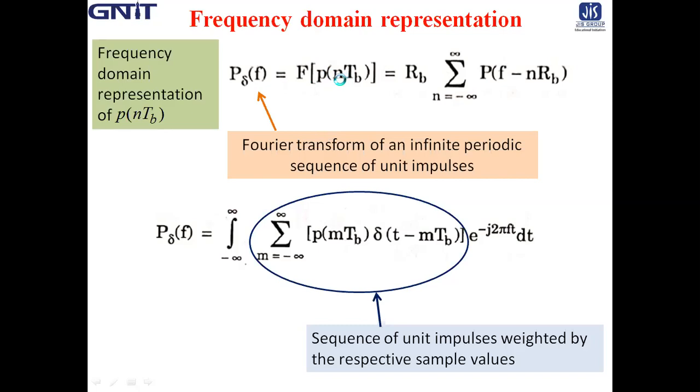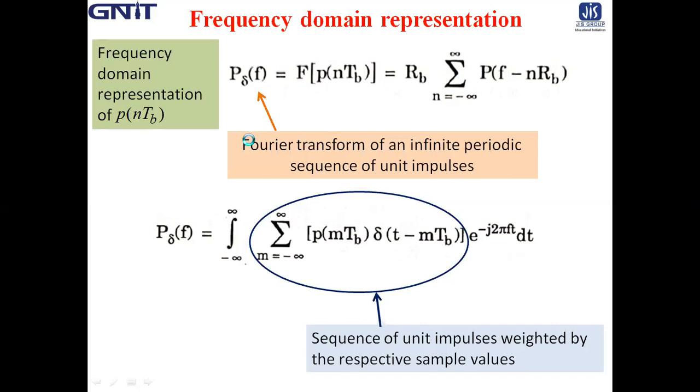The frequency domain representation of p(nT_b) is denoted as P_δ(f), which is the Fourier transform of p(nT_b), equal to R_b into summation over n equal to minus infinity to plus infinity P(f − nR_b). It is as simple, where R_b is equal to 1 by T_b, that is the bit rate.